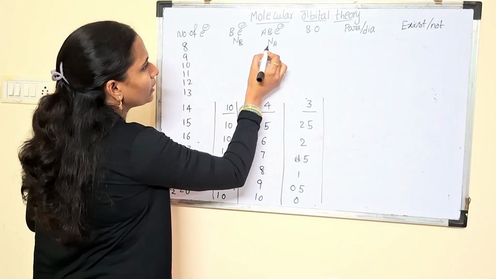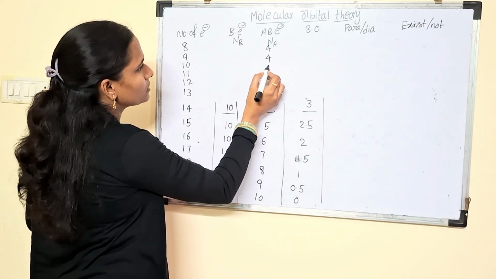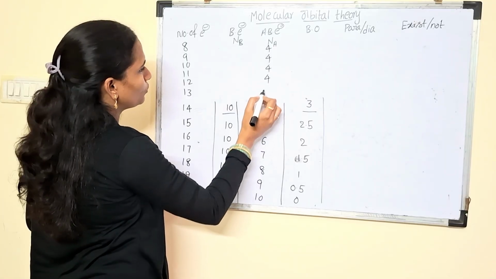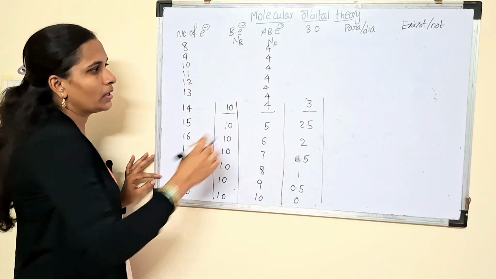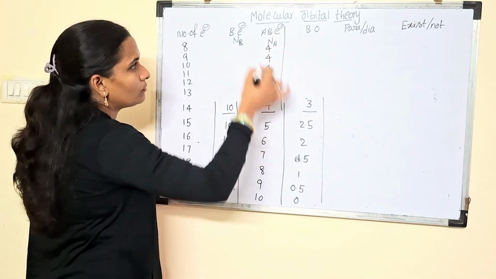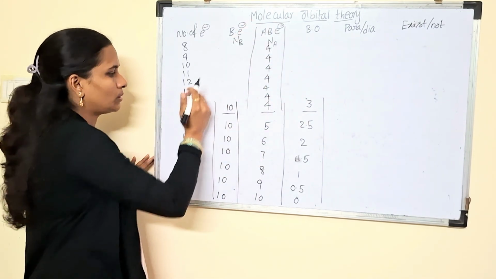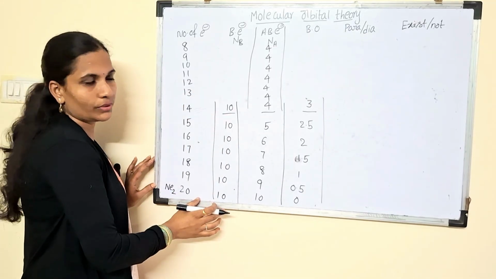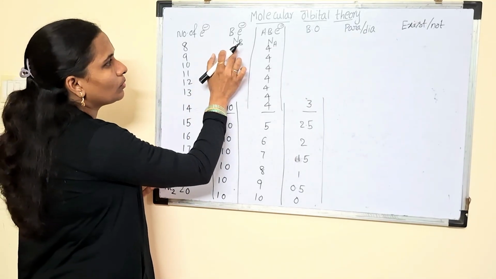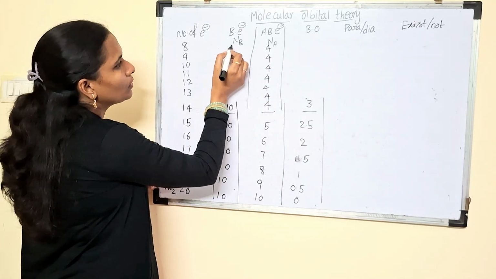Then for 8 electrons, anti-bonding electrons are 4, 9 also 4, 10 also 4, 11 has 4 anti-bonding electrons, and 12 and 13 also 4 anti-bonding electrons. So from 14 downward, anti-bonding electrons are fixed. From 14 up to 20 electrons, bonding electrons are fixed. Here the anti-bonding electrons are 4, then these are 4 only.